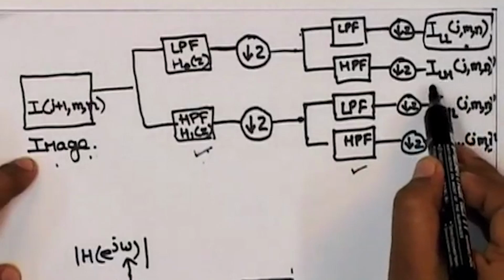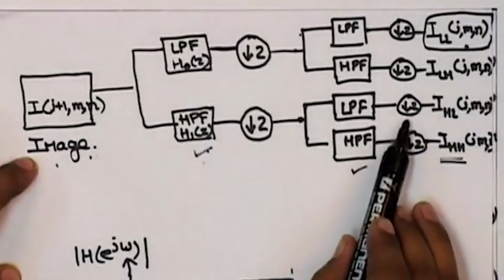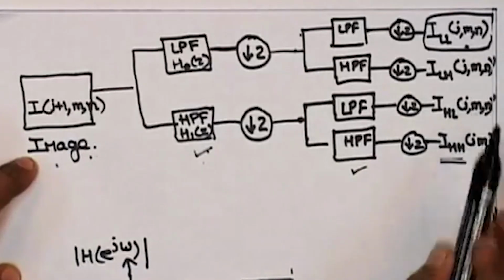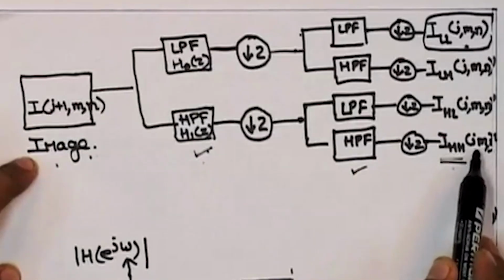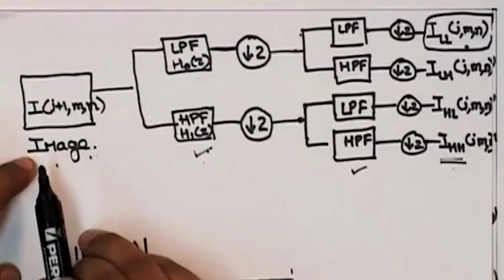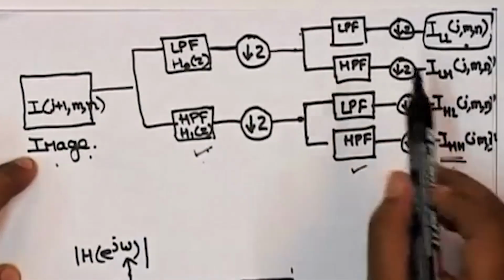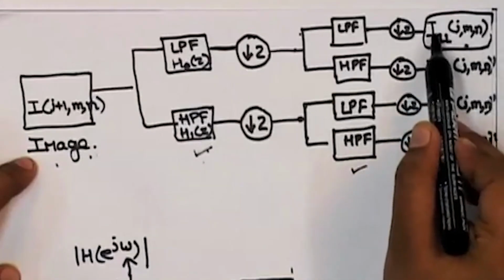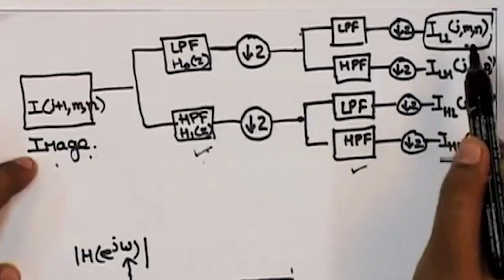Here we will get output ILH but now at scale J minus 1, over here we will get output IHL at scale J minus 1, and over here we will also get output IHH at scale J minus 1. So we have lost resolution by a factor of 2 along both the rows and columns of the image that the output ILL is displaying.